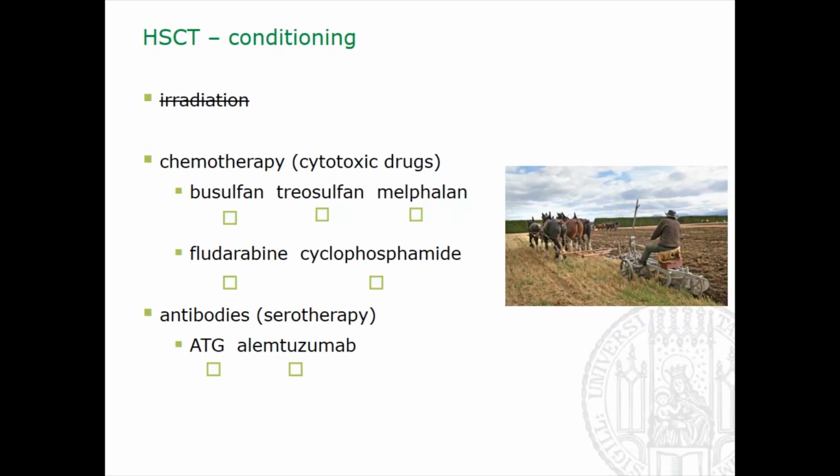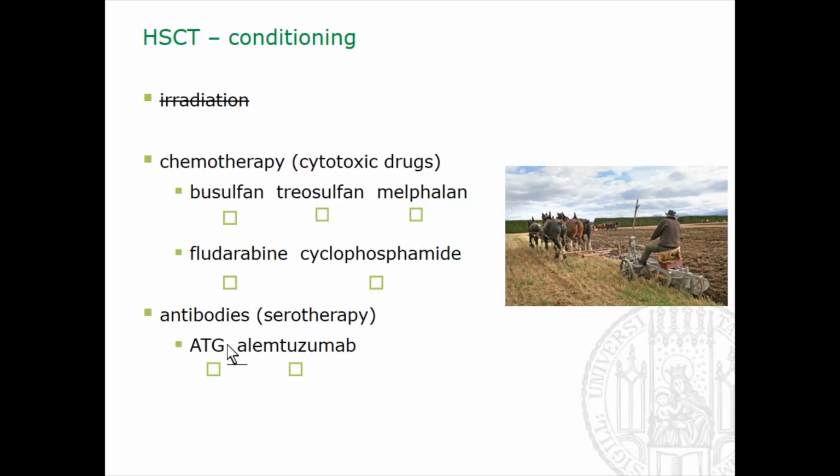So for chemotherapy, we usually pick a combination of either these three drugs, busulfan, treosulfan, melphalan, because they are mainly responsible for killing the recipient stem cells, and one of the other two drugs, fludarabine or cyclophosphamide, because they're mainly responsible for killing the immune system of the recipient.